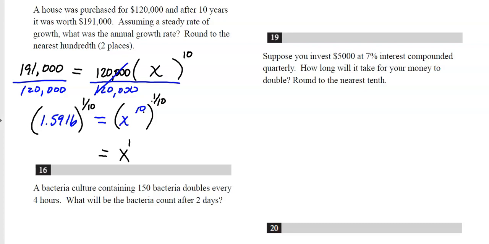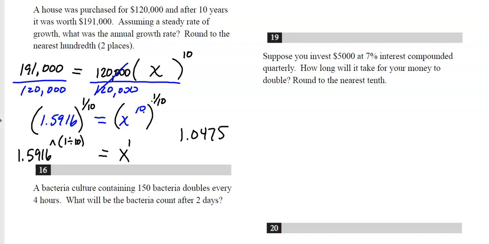When I put this in my calculator, be careful when you put it in. You put 1.5916 to the, and then be sure you put 1 divided by 10 in parentheses. And you will find out that you get 1.0475. Now, that's the growth factor.